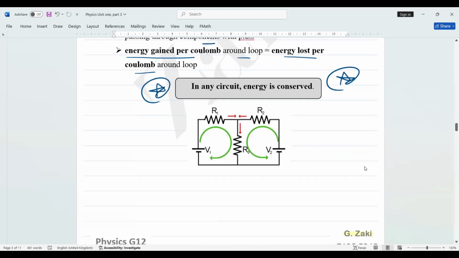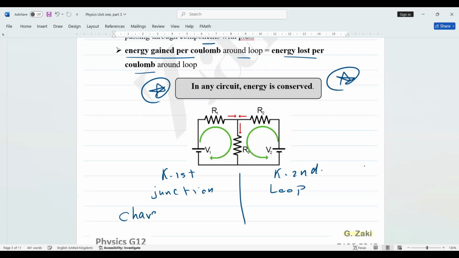So this is the comparison between Kirchhoff's first law and Kirchhoff's second. Here in Kirchhoff's first law, we have the word junction. In Kirchhoff's second law, we have the word loop. In Kirchhoff's first law, charge is conserved.